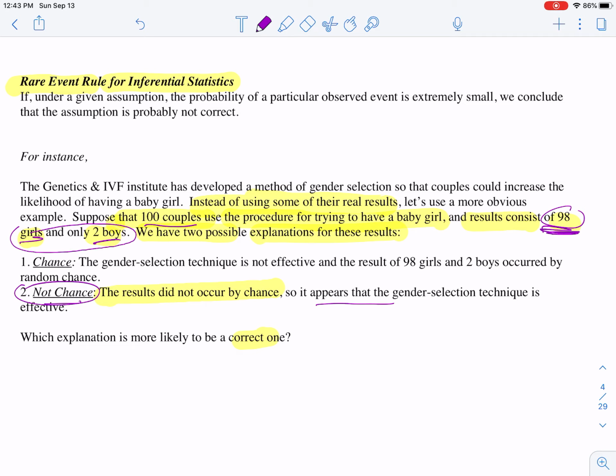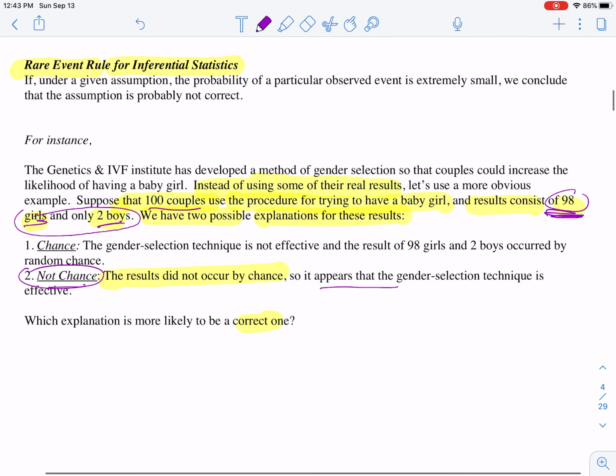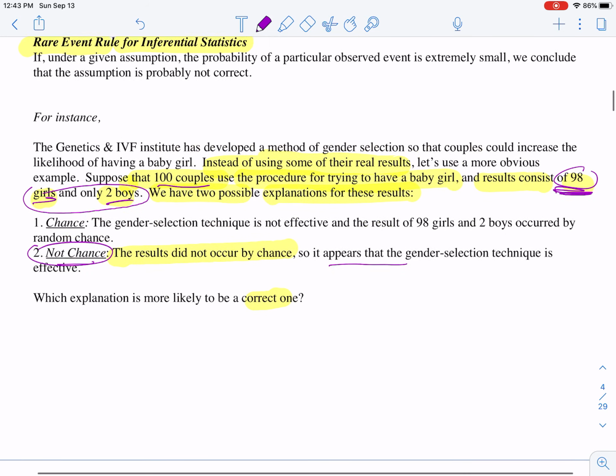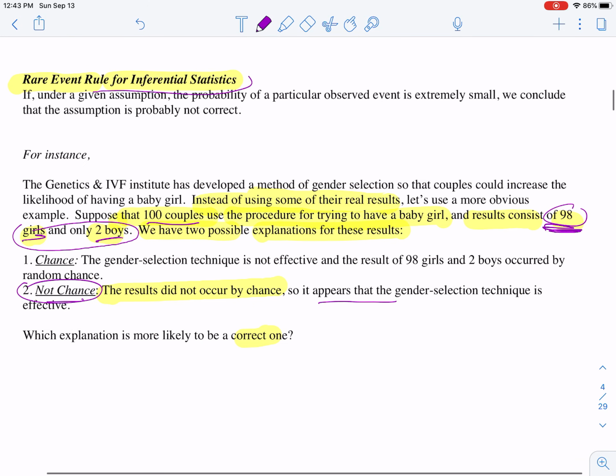So we go with that explanation as opposed to saying it occurred by chance, because that is so unlikely. That's what the rare event rule for inferential statistics is saying: under a given assumption, if we observe an event and the probability of that event is extremely small, we conclude that the assumption is not correct.